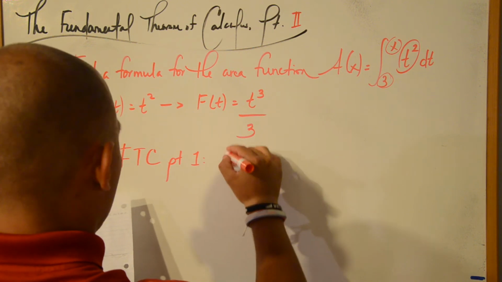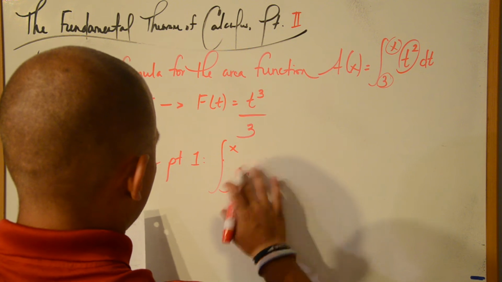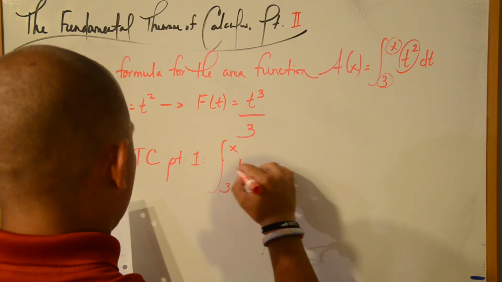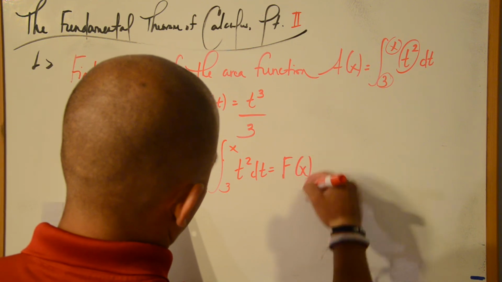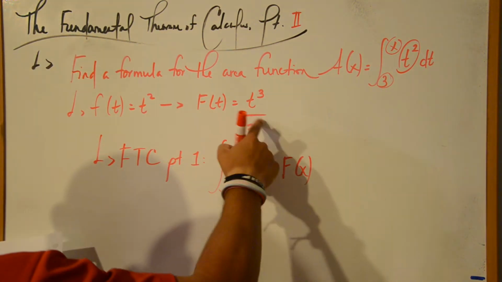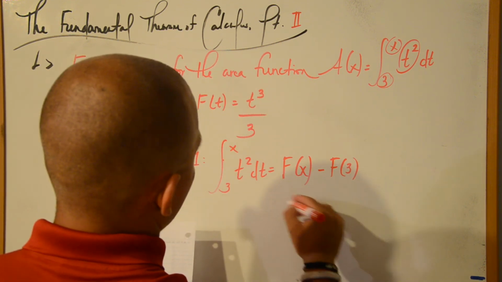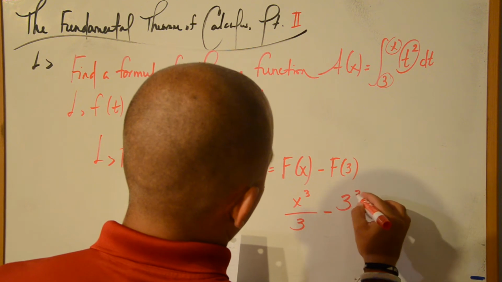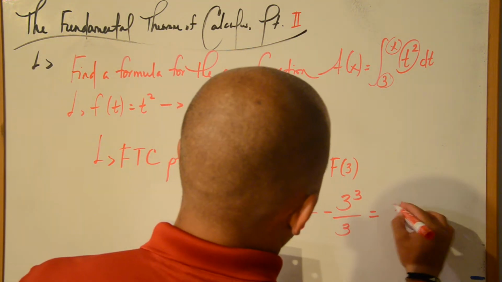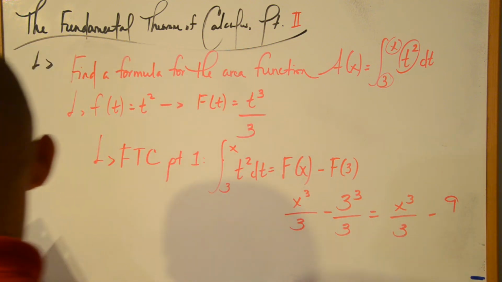So the definite integral from 3 to x of t squared dt is equal to the upper bound in the antiderivative minus the lower bound in the antiderivative. So we'll wind up with x cubed over 3 minus 3 cubed over 3, which is x cubed over 3 minus 9.